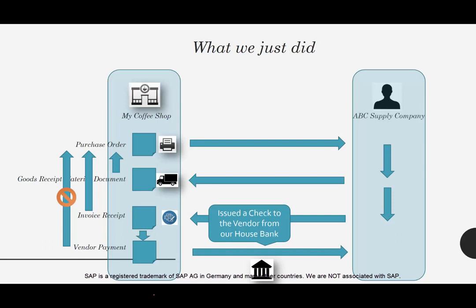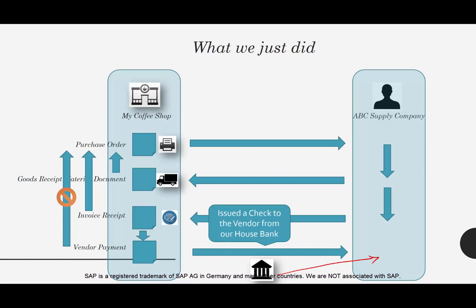As soon as we entered the vendor, we got all the open invoices. We activated the invoice that we wanted to pay, and then saved the transaction, which effectively issues a check from the bank account that we own at the bank to the vendor.